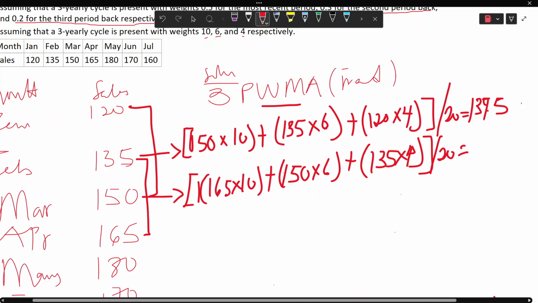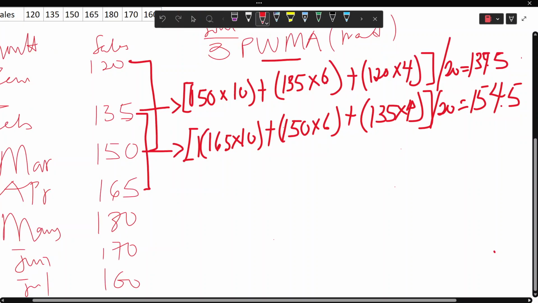So we're going to get 165 times 10, 150 times 6, 135 times 4, 3090 divided by 20, giving us 154.5. All right, so let's move on.